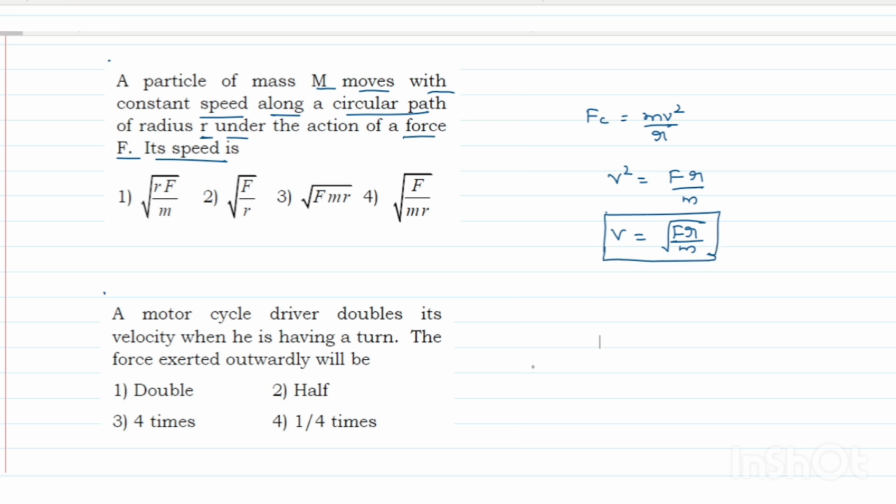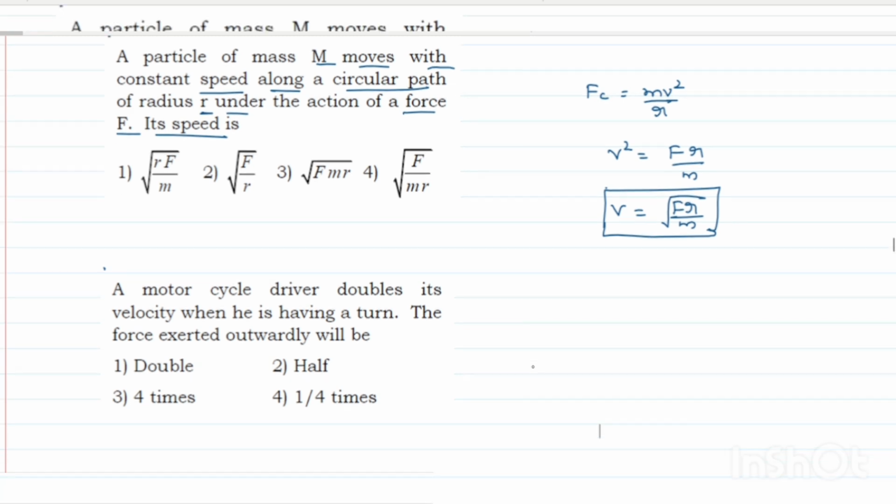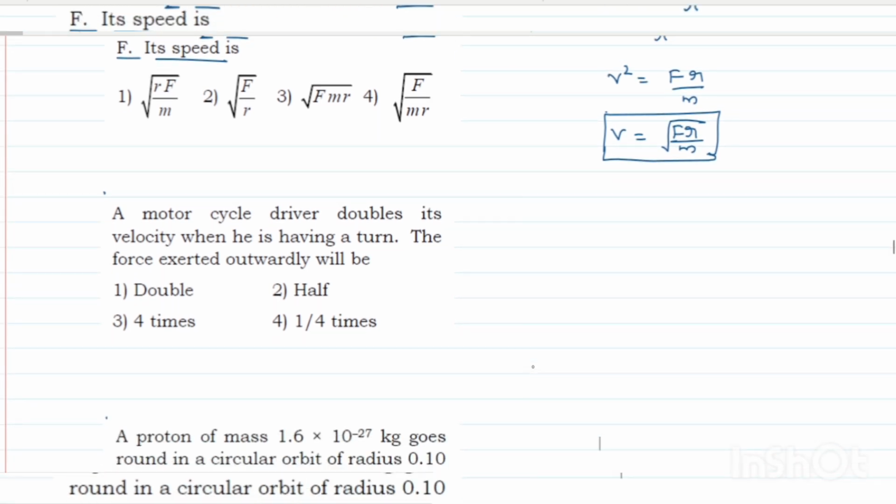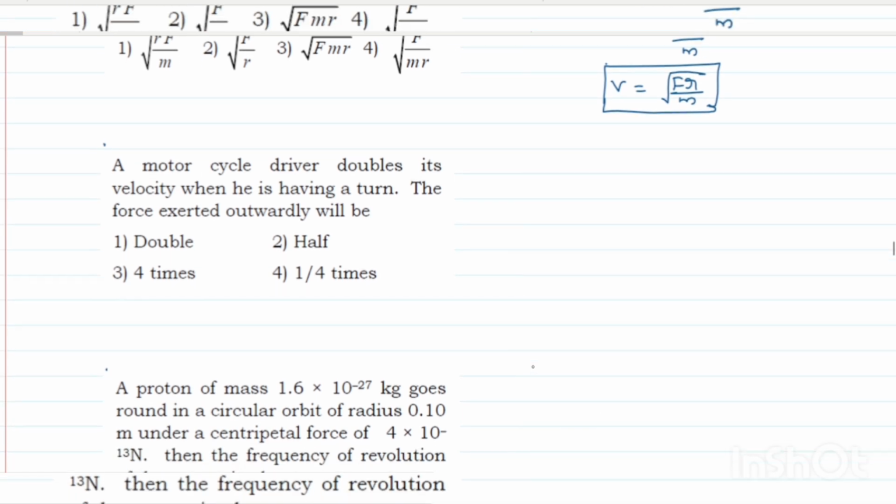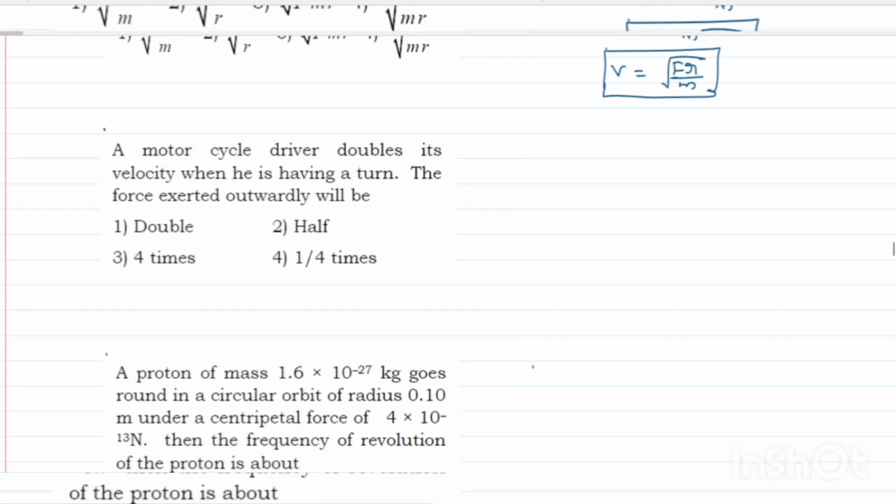Look at the next case. A motorcycle driver doubles his speed when he is making a turn.